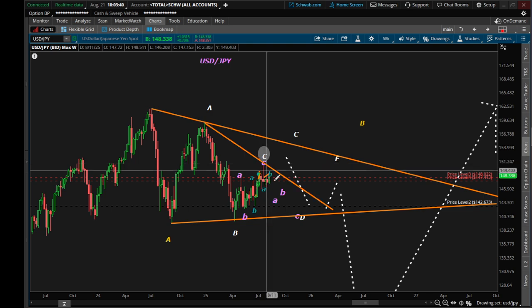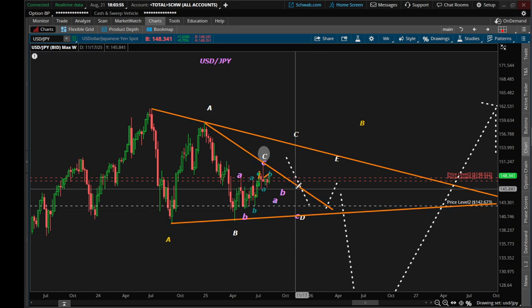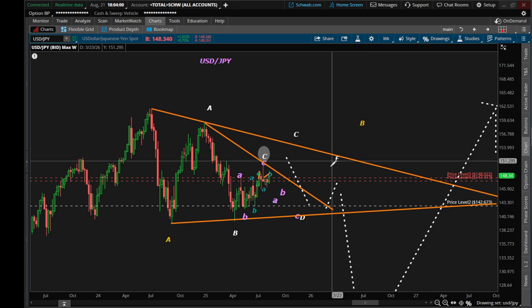So I think now we're coming down for a D leg. Okay, so we still need A, B, C, D, E. Now this E leg, I'm going to say that it's going to break out of this trend line and fake everybody out before it falls down. So that's something we really got to watch closely when we start to form this E leg, because you can see the wedge is starting to close up here.